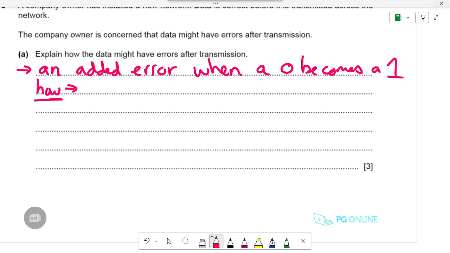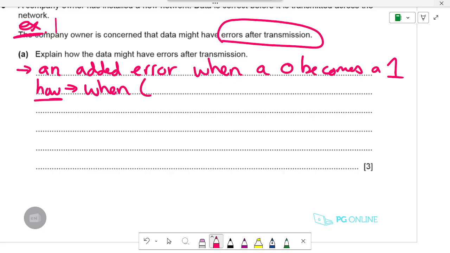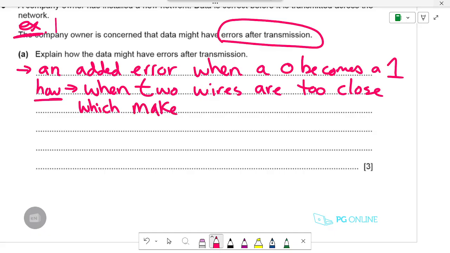Well, it can happen when, you can write, this is an example of errors after transmission. Okay? This can happen when 2 wires are too close, which makes electrical interference.